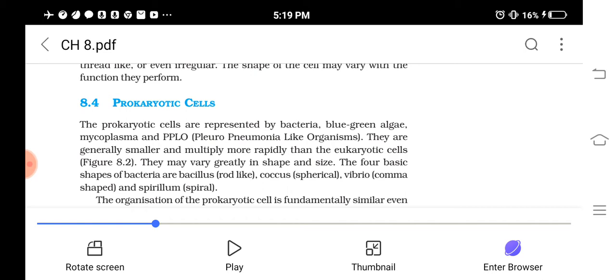They will have a boundary known as the cell membrane, then cytoplasm and nucleus. In prokaryotic cells the nucleus won't be there. Instead, there is a place where you can see the genetic material, known as the nucleoid. But in eukaryotic cells there is a nucleus and cell organelles distributed in the cytoplasm.